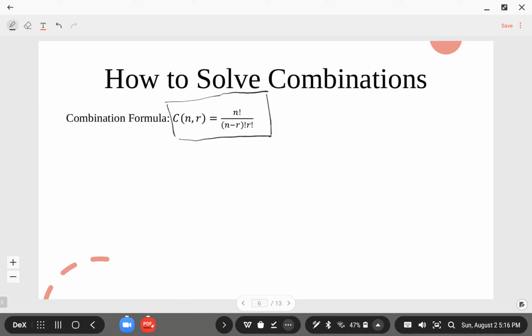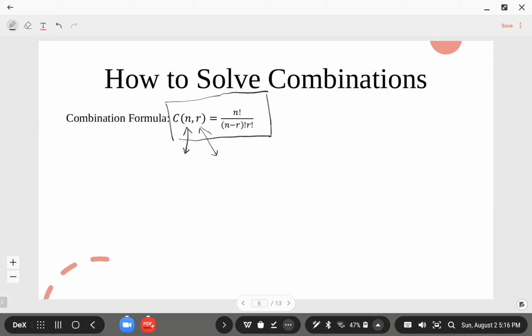So this C just stands for combination, so that can be ignored. That doesn't have anything to do with the calculation. It's just the way you write the combination, okay? So now you have to pay attention to the N and the R, okay? So what is the N?